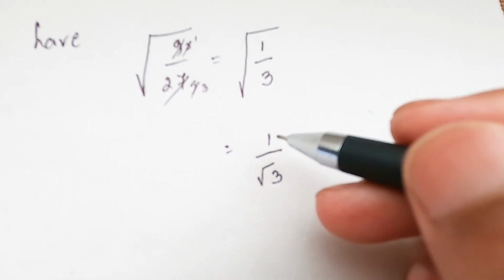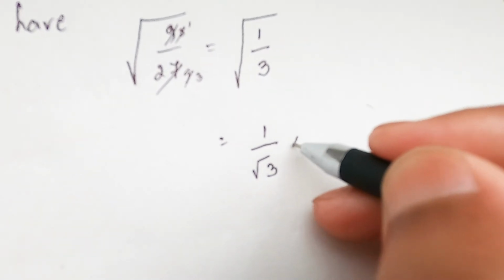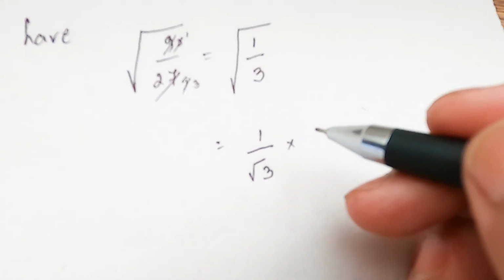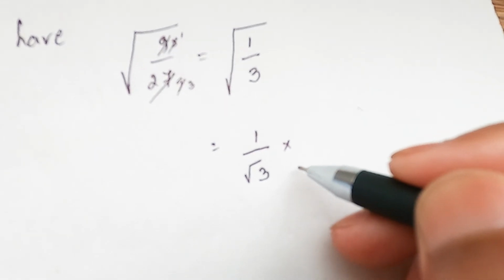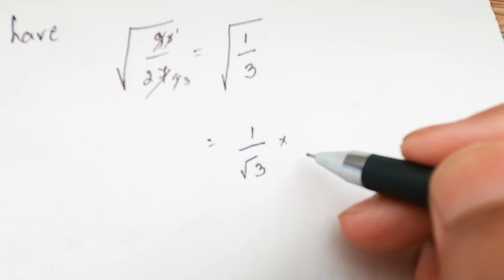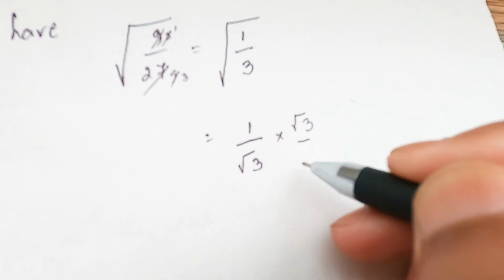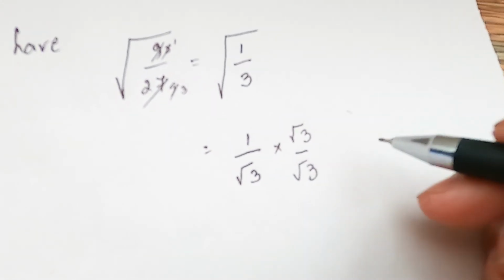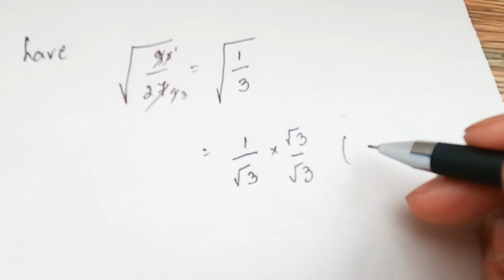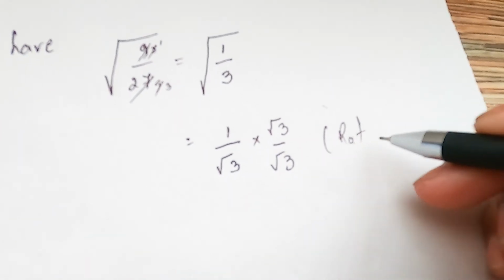So what we'll do in this case is we have to rationalize. All right, so we shall rationalize in such a way that both numerator and denominator will be multiplied by root 3. All right, so this is called rationalizing the denominator.